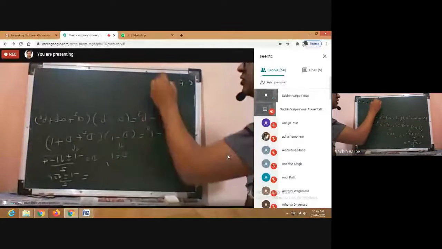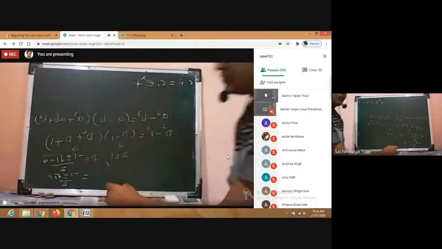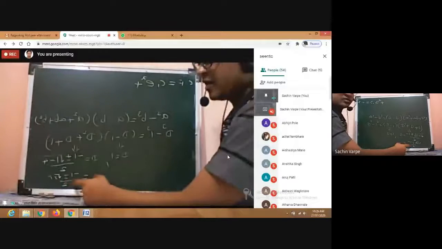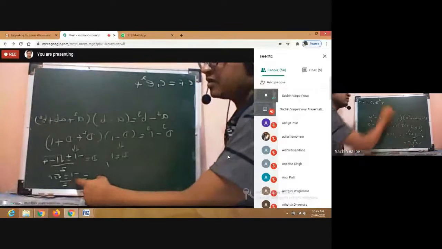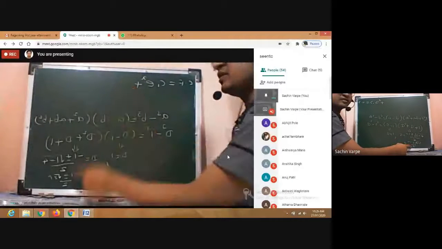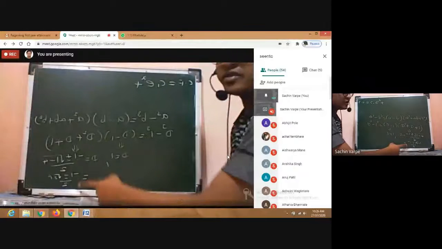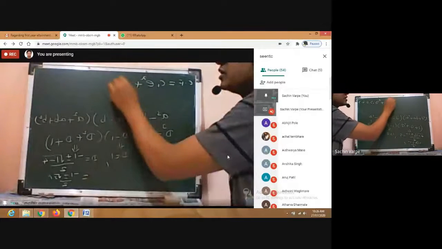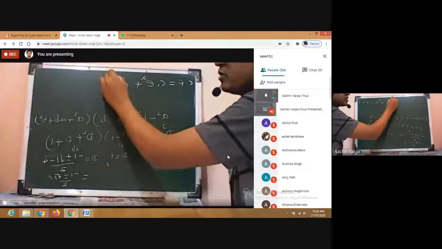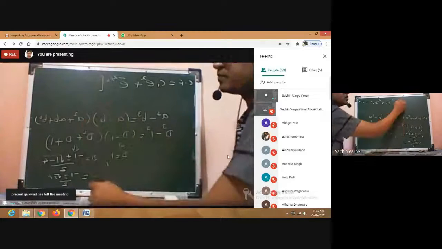So C1 e raised to x plus, for the complex or imaginary roots, how to write the complementary function? Plus e raised to alpha x. So what is alpha here? Alpha is the real part. What is the real part here? Minus 1 by 2. So e raised to minus x by 2 into C2 cos beta x.